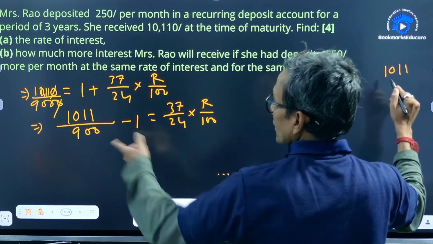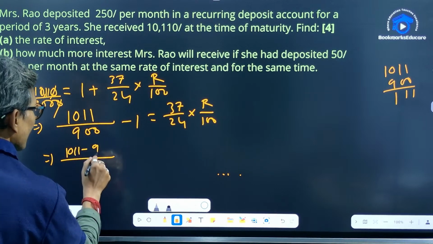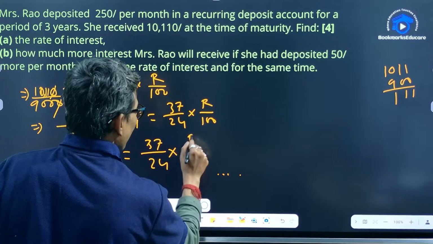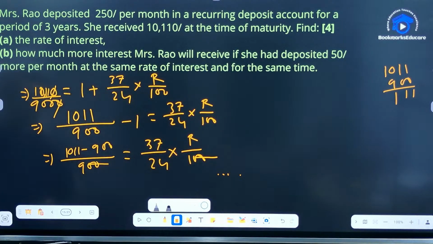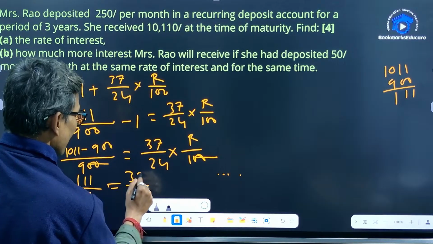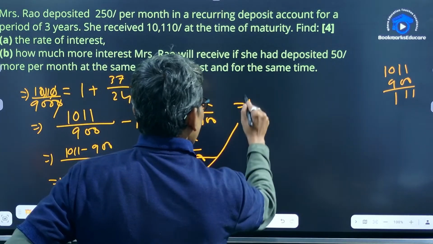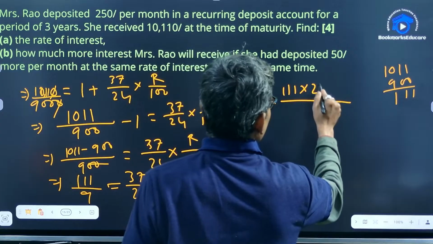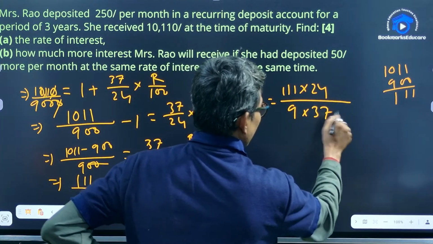So 1,110 by 9,000, that is 1011 minus 900 by 900, is equal to 37 by 24 into R by 100. From here both zeros cancel, so above we get 111 by 9 is equal to 37 by 24 into R. So R is equal to 111 into 24 by 9 into 37.